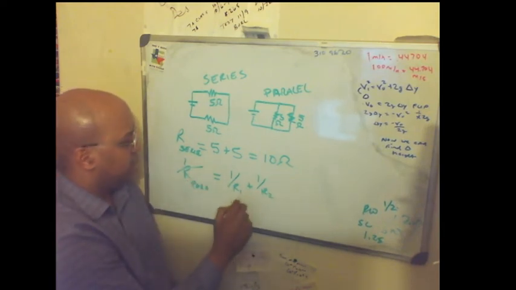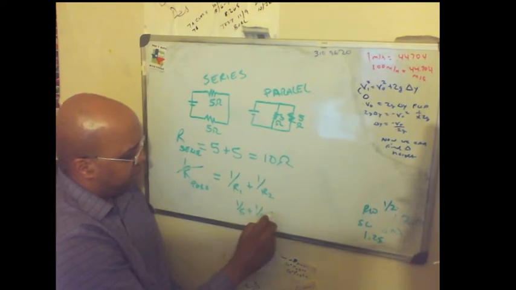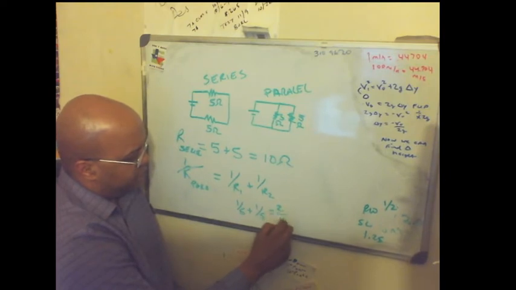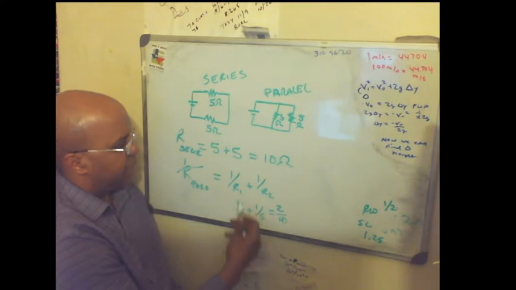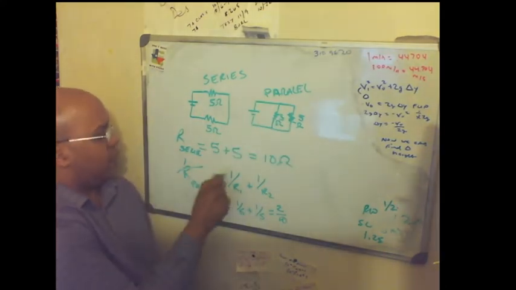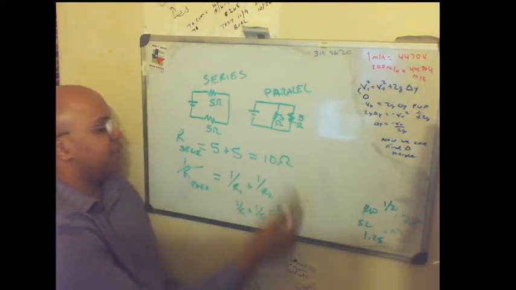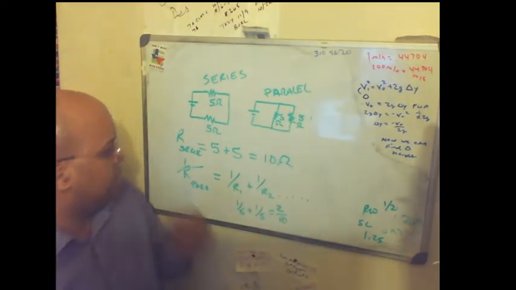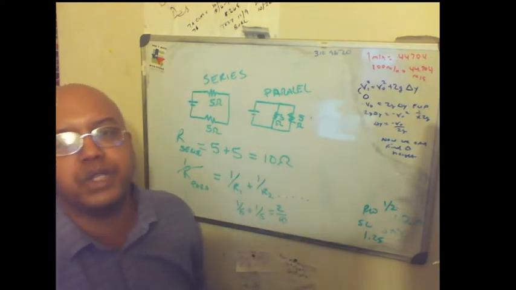So if we have 1/5 plus 1/5, that's going to be like 2/10. And 1 over R1 plus 1 over R2 dot dot dot means if there was more, it'd be 1 over R3 if we added another branch to this system. That's one of the basic things that you need to understand about resistors and how they're going to act.